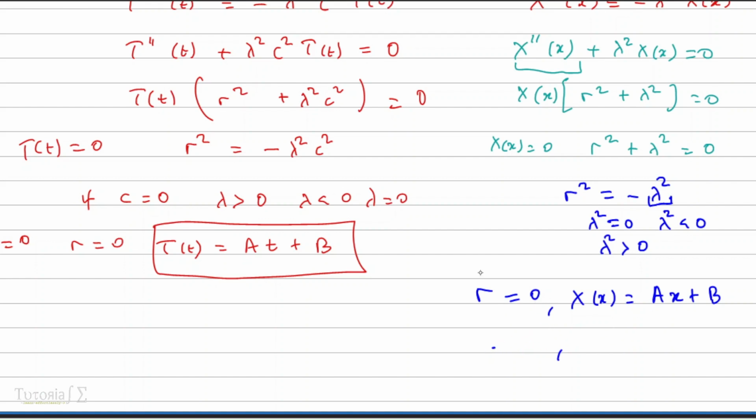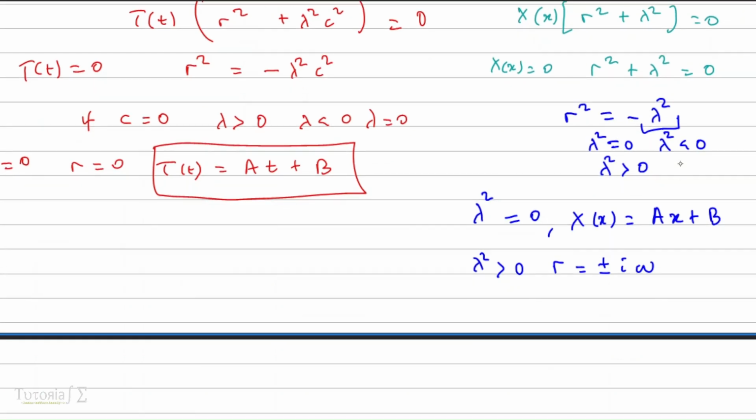Lambda squared greater than 0, meaning that this part will be a real number, because a positive number times a negative number will be negative. Now when you square root that, r will be a complex number. And if r is a complex number, what is the general form of X?